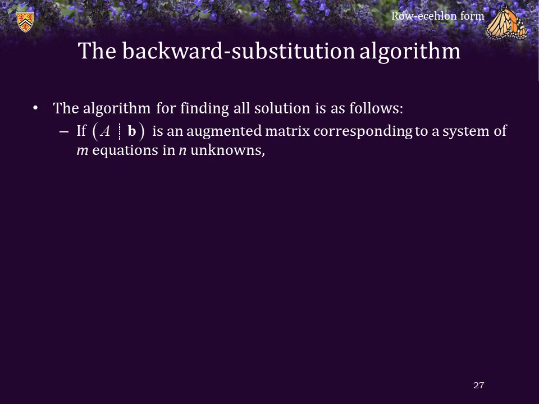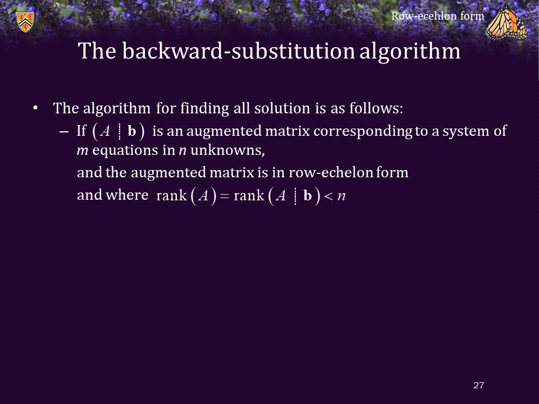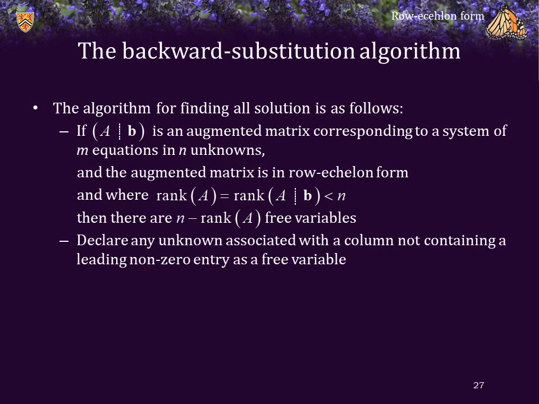If AB is an augmented matrix corresponding to a system of m equations and n unknowns, and the augmented matrix is also in row echelon form, and where the rank of A is equal to the rank of the augmented matrix, and this is strictly less than the number of unknowns, then there are n minus the rank of A free variables. Declare any unknown associated with a column not containing a leading non-zero entry as a free variable.